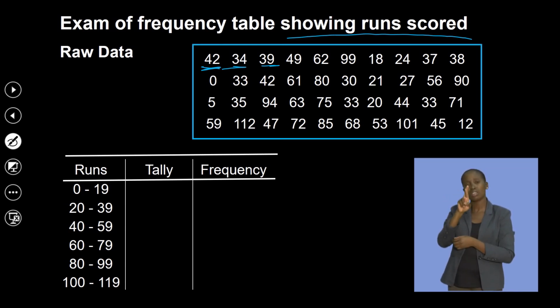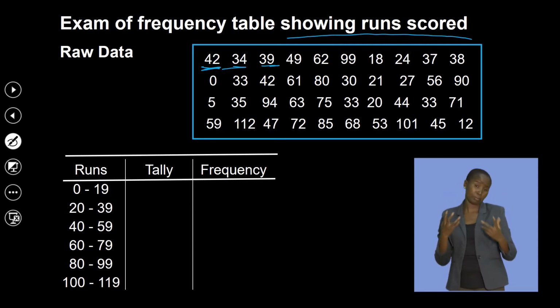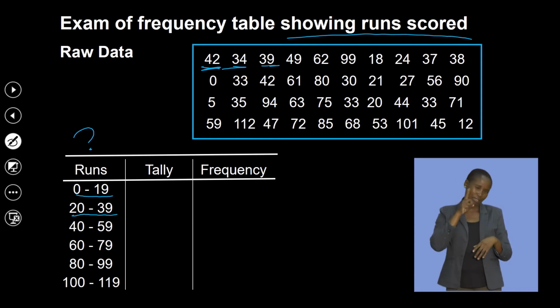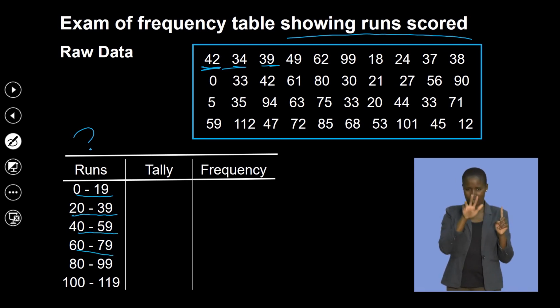Now, if I want to represent this data in a frequency table, I need groups. So how are we grouping this? The runs between 0 and 19, runs between 20 and 39, 40 to 59, 60 to 79, 80 to 99, 100.